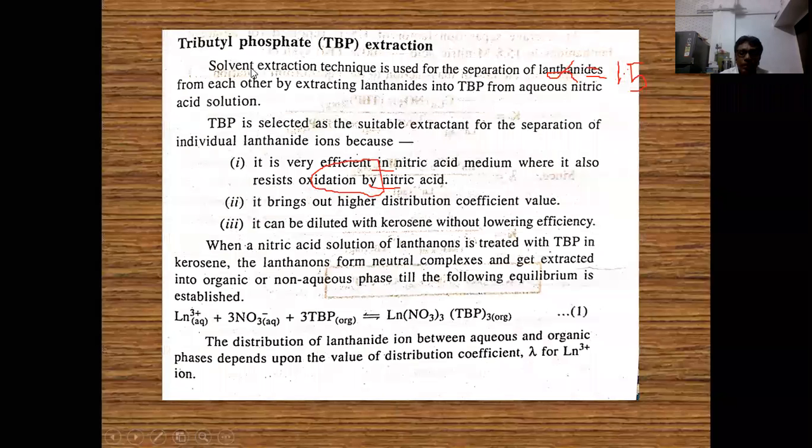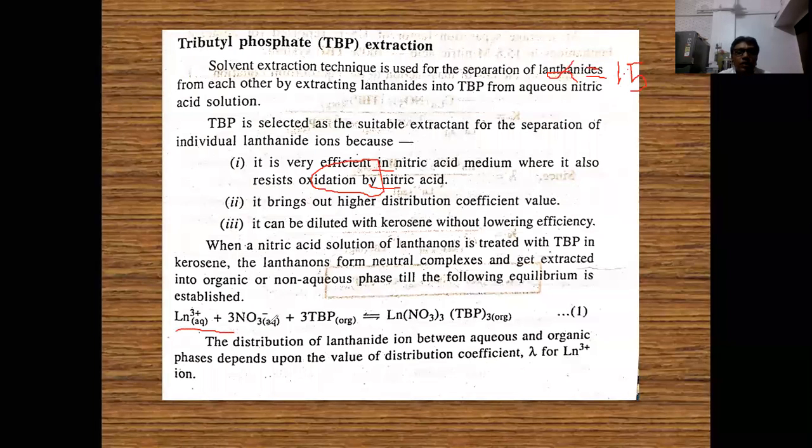Now, applying the law of mass action to equilibrium equation 1. Let us see the equilibrium equation once again in the previous slide. This is the complex formation process, which we have already explained.